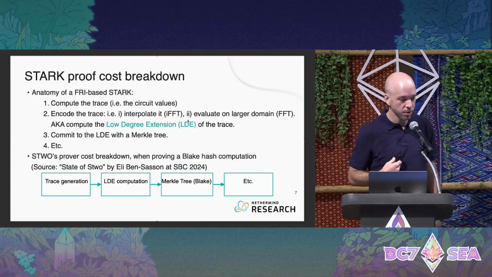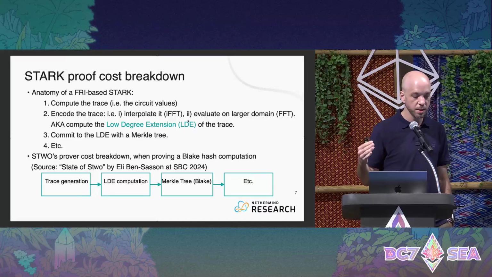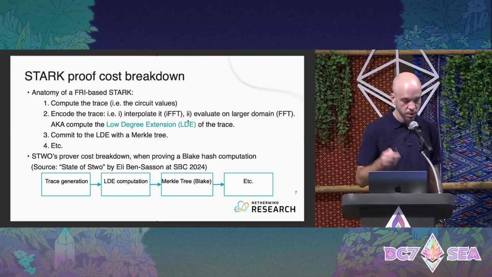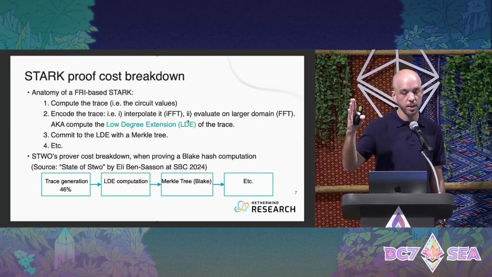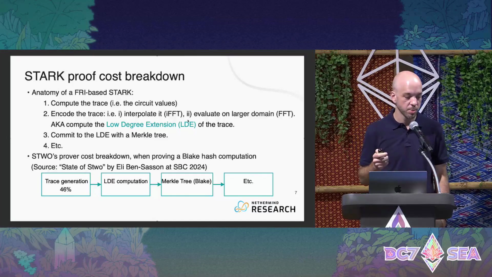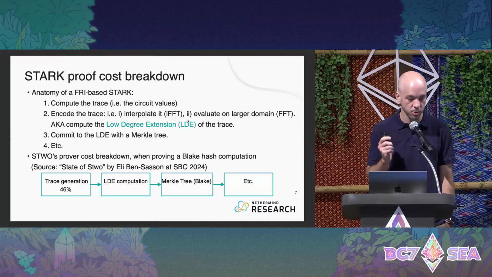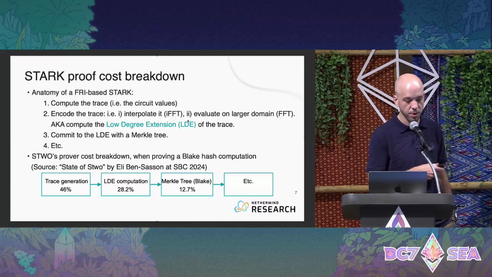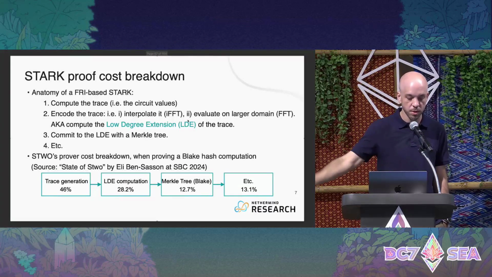Okay, what's the cost of all this? What's the cost breakdown of all these steps? I'm citing Eli Ben-Sasson from a talk at SBC this summer. So the trace generation, in the case of Stwo, costs 46% of the total proof cost. Computing the low-degree extension costs 28%. Merkle trees cost about 13%, and the rest also costs 13%.